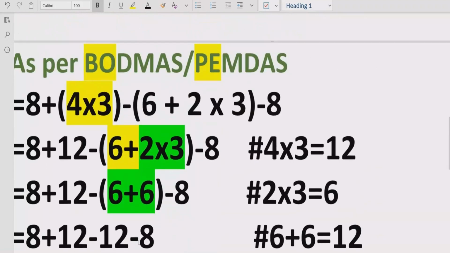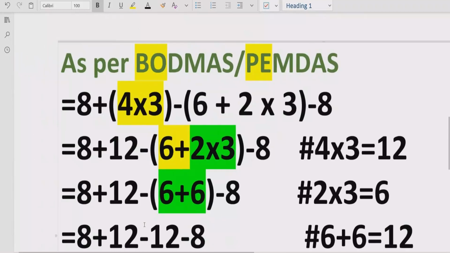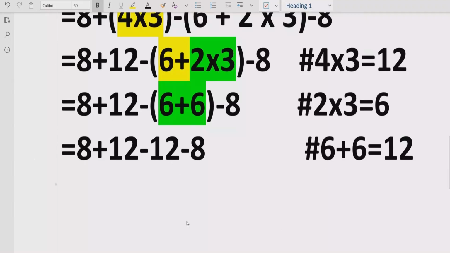Now move forward to solve the division and multiplication. We see that we do not have multiplication and division, or you can say division and multiplication, in our expression. So now we have addition and subtraction. We will move forward to solve this expression.